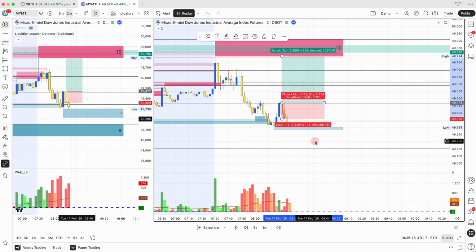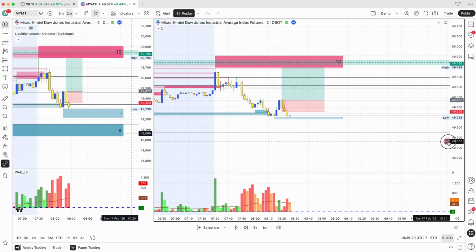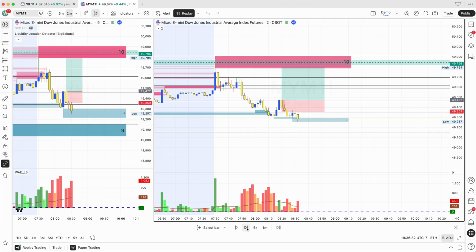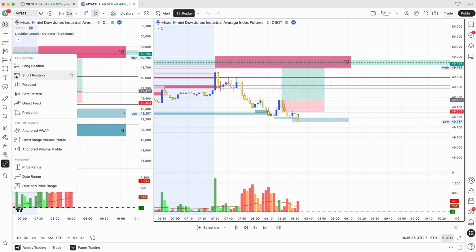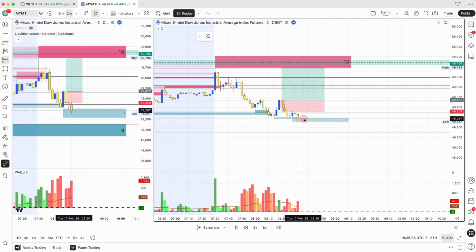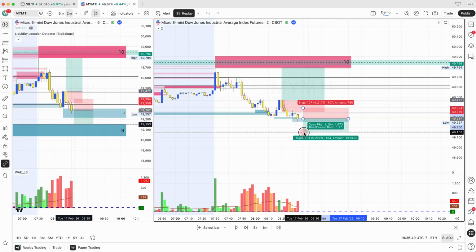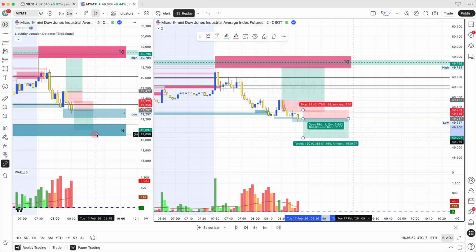Sure enough, there was my liquidity sweep. Now I've got red bars on both sides. If I wanted to take a chance, I'll take a short position, try to get some of my money back, and target the middle of that liquidity that's down there on my 5-minute bar.